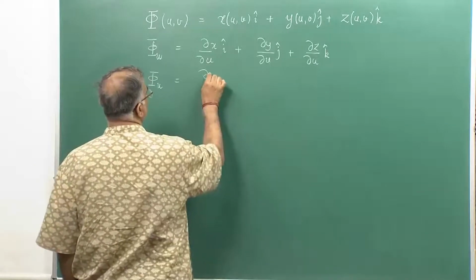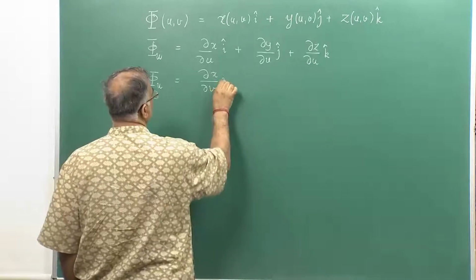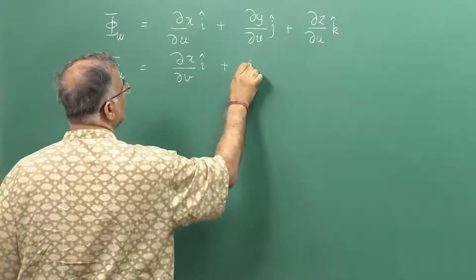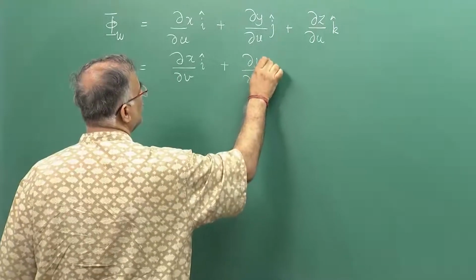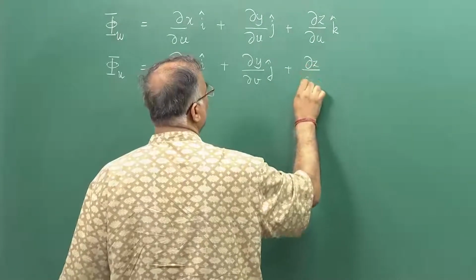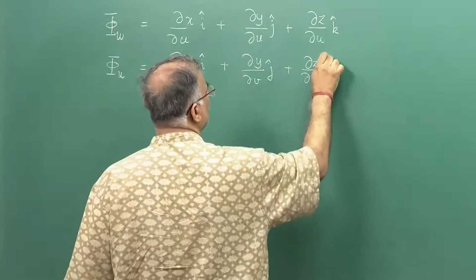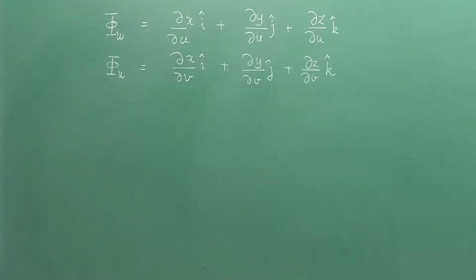And del phi by del v is del x by del v i vector, del y by del v j vector, del z by del v k vector. Okay.